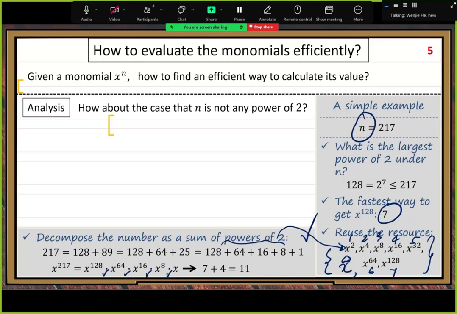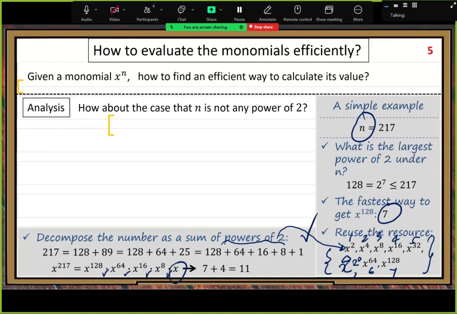But we put it in this pool as a resource, because it is useful. Here, we need to use that number, so its exponent is 2 to the 0.